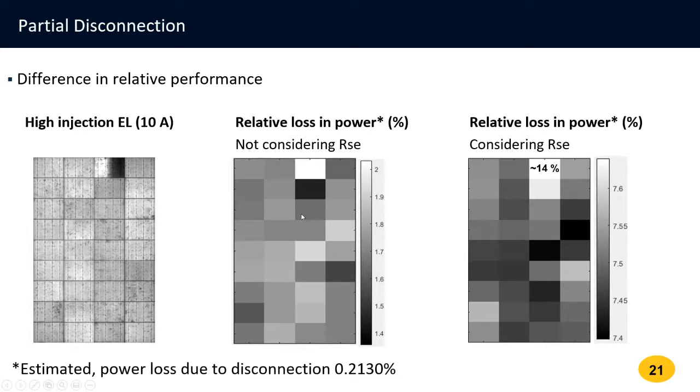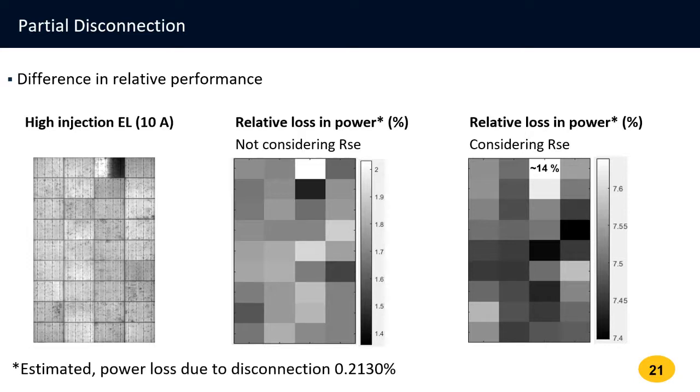And when you consider the disconnected bus bars within that cell, it showed a substantial increase in relative lost power. That is, this cell is losing approximately 14% of its possible power production due to electrical characteristic mismatch, as well as resistive losses from the disconnection.